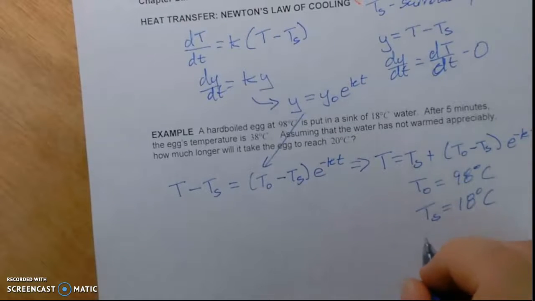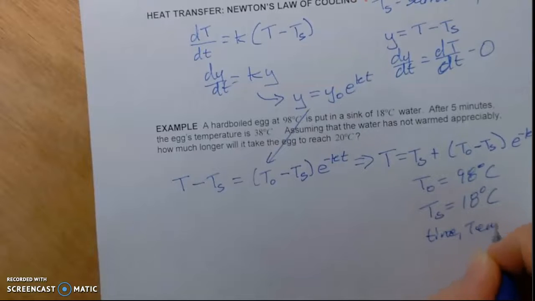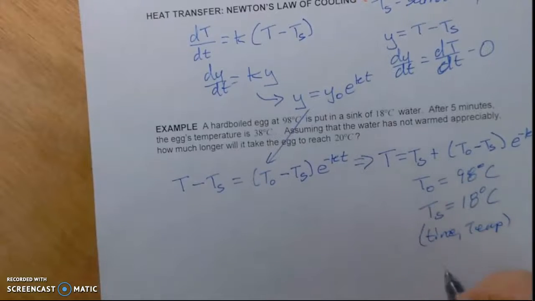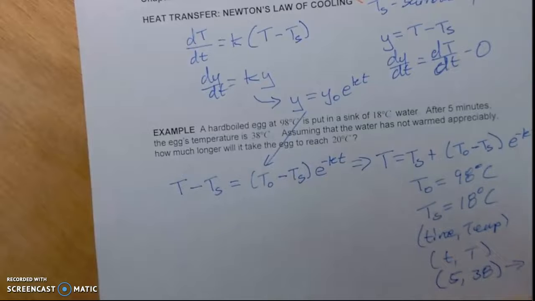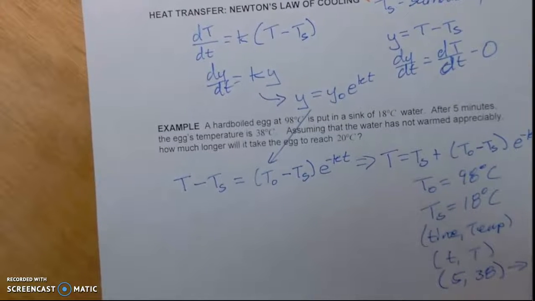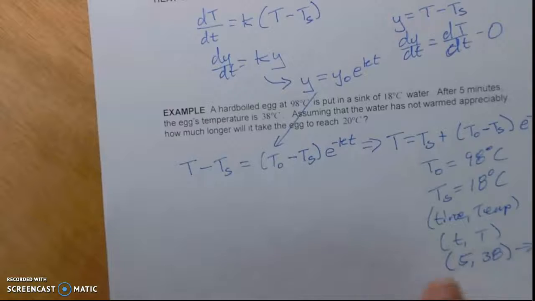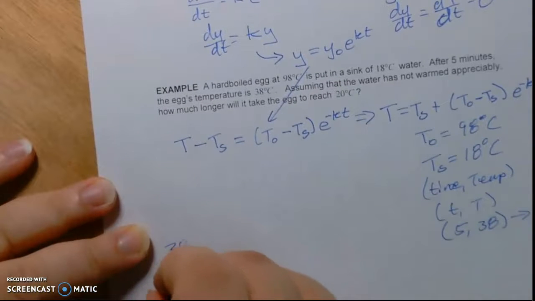Let's write down our other ordered pairs, time and temperature. So we have our independent and dependent variable, little t to big T. That's 5 to 38. We're going to use this to find k. So let's plug in what we have. In 5 minutes, it's going to be 38 degrees.